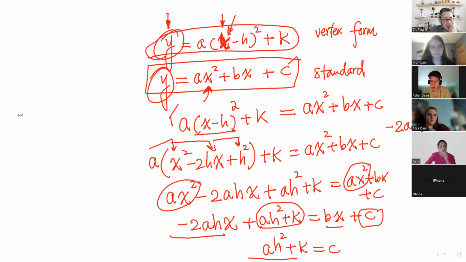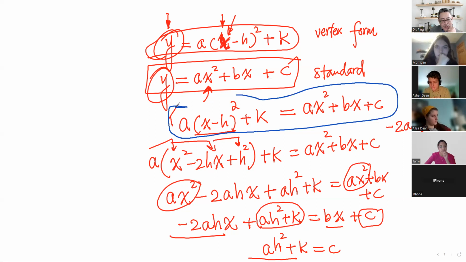So when we do math, it's all about logical reasoning. We start with here. The reason this is true is because this function and that function, we are talking about the same function. They're just expressed in a different way. Now, if this is true, then this has to be true, right?